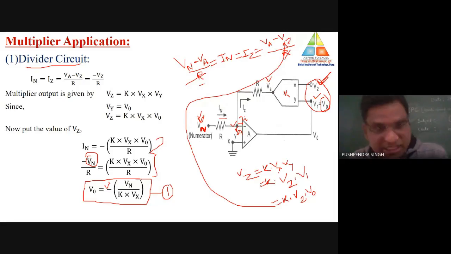So this is the constraint with the divider circuit. Always take the input voltage negative. So this is the output of the divider circuit, or the application of the multiplier as a divider circuit. How is it a divider? It is the ratio of Vn and Vx. Vn is the input and Vx is also the input of the circuit.